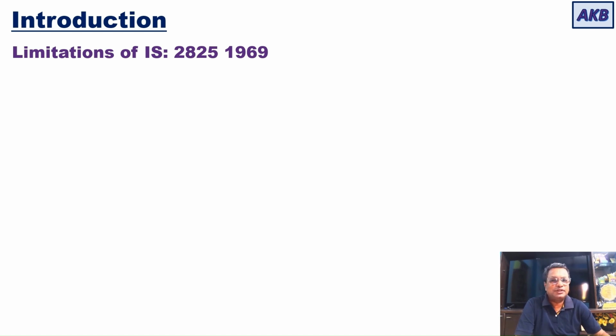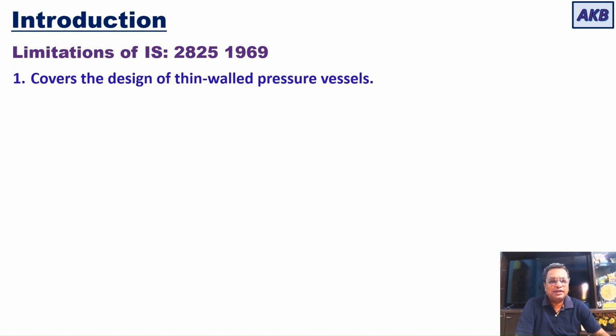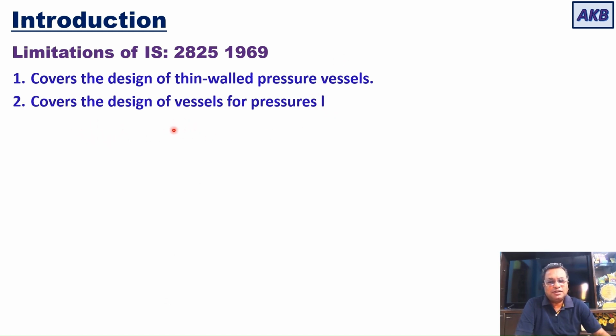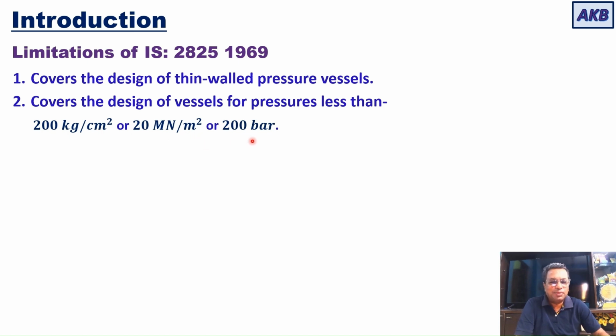It is concerned with design of unfired thin-walled pressure vessels. So the Indian standard 2825 1969 covers the design of thin-walled pressure vessels. It covers the design of vessels which are subjected to pressures less than 200 kg per centimeter square or 20 meganewton per meter square or 200 bar.